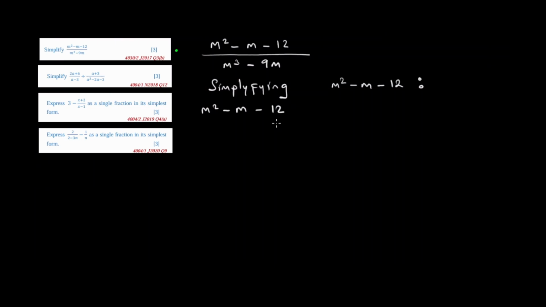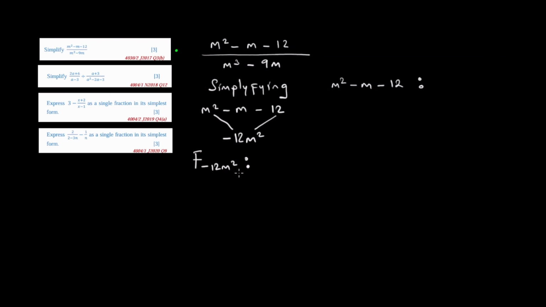Then in this particular order we are going to multiply the first and the last terms. Saka minus 12 times m squared yaita minus 12 m squared. Tichada ma factors of minus 12 m squared such that kana tika multiply ma factors yao anofanirwa kutipa minus 12 m squared, asi tika ma adda kana kusubtracta anofanirwa kutipa minus m.